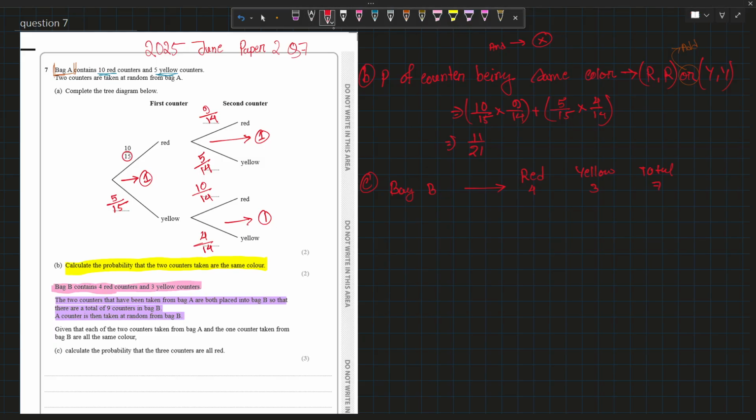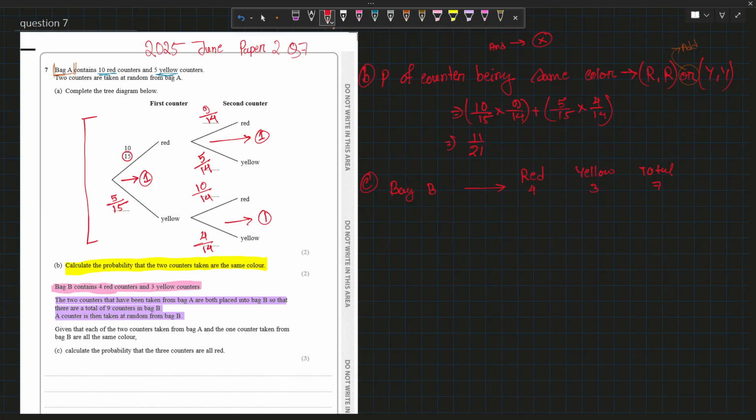So basically, 2 counters are taken and put in bag B, which increased the total of bag B. So it's something like this. So think of it this way. There could be 3 probabilities.